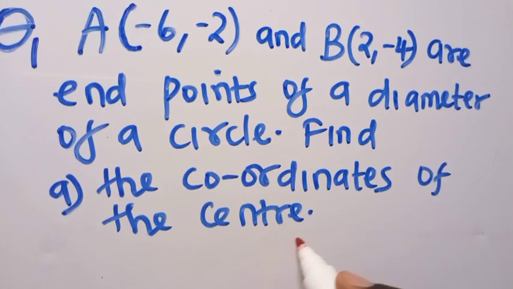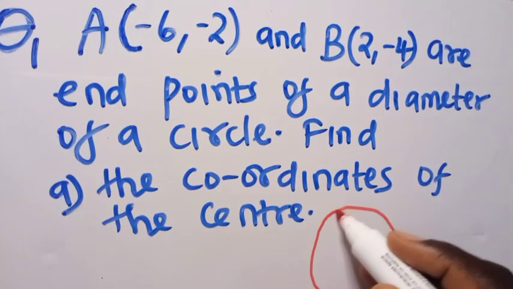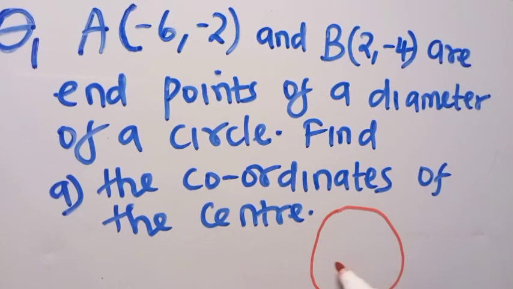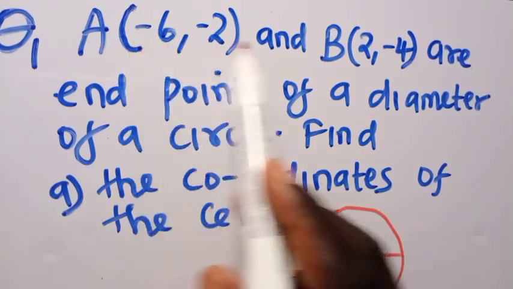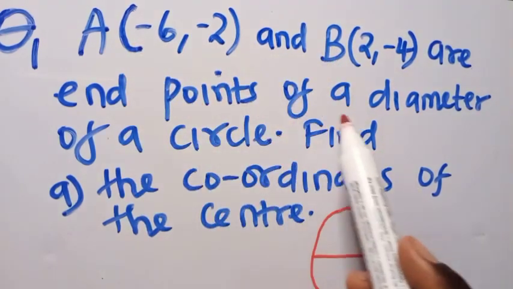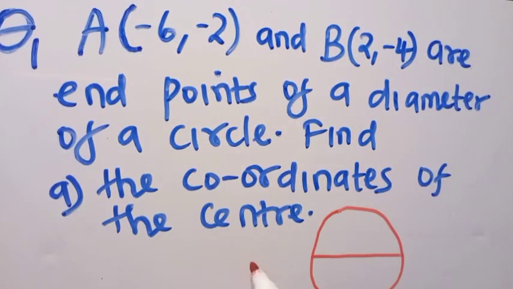Now, assume that you have a circle like this. Then we have a diameter, because they say A and B are endpoints of a diameter. So let's say we have this point A, which has the coordinates -6 and -2.